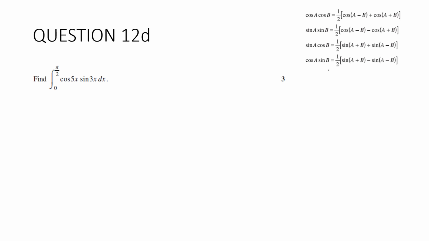12d, find the integral between 0 and pi on 2 of cos 5x sin 3x. These, of course, are the products to sums and differences. So we've just got to look on our reference sheet and find cos sin, which is this one here.